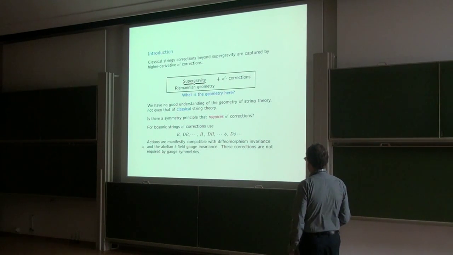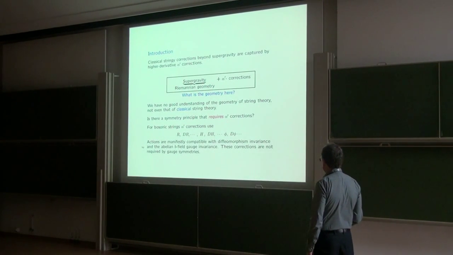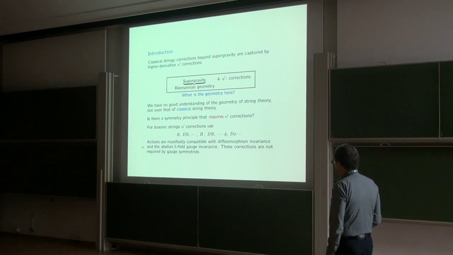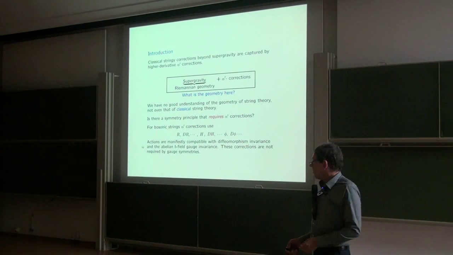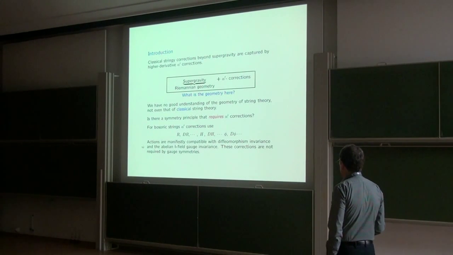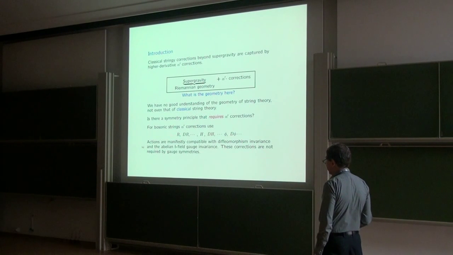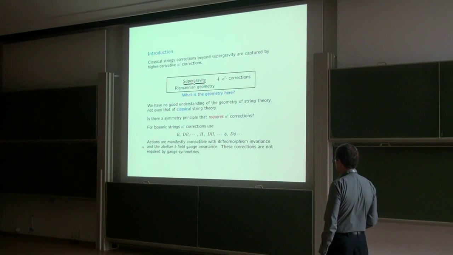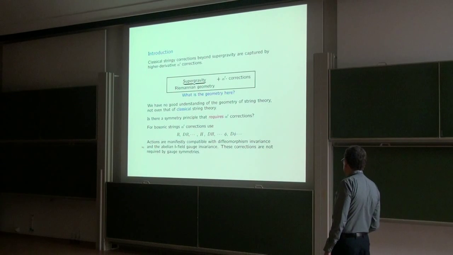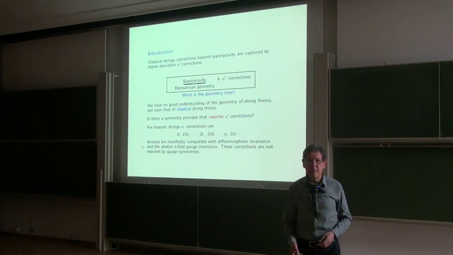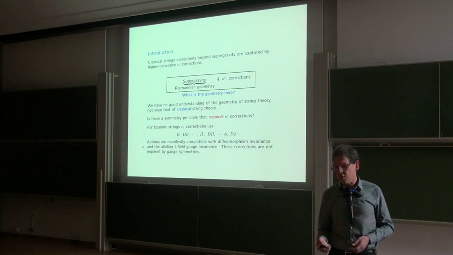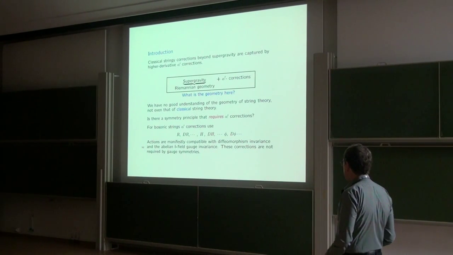So you could ask whether there's a symmetry principle that requires alpha prime corrections. In the case of bosonic strings, alpha prime corrections are higher derivative corrections that are written in terms of the Riemann curvature and its covariant derivatives, the field strength for the antisymmetric tensor and its derivatives, dilatons, derivatives, and the actions that people write for these alpha prime corrections are written in generally coordinate invariant language.